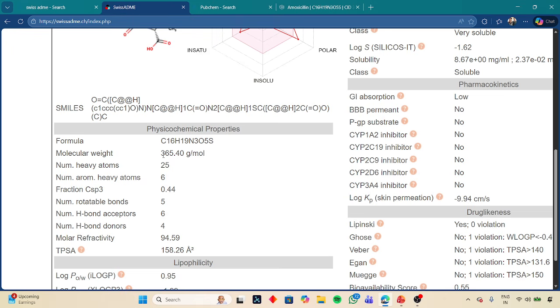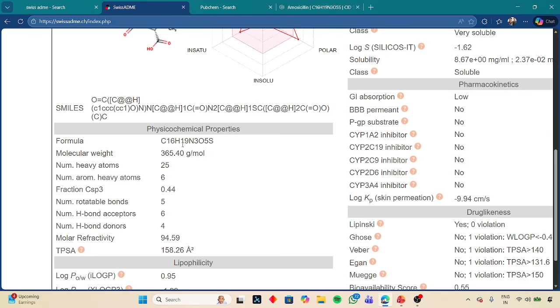The total number of heavy atoms we can calculate, excluding hydrogen: 16 carbon, 3 nitrogen, that is 19, 5 oxygen, that is 24, and 1 sulfur, that is 25. In this way, you can calculate the number of heavy atoms.